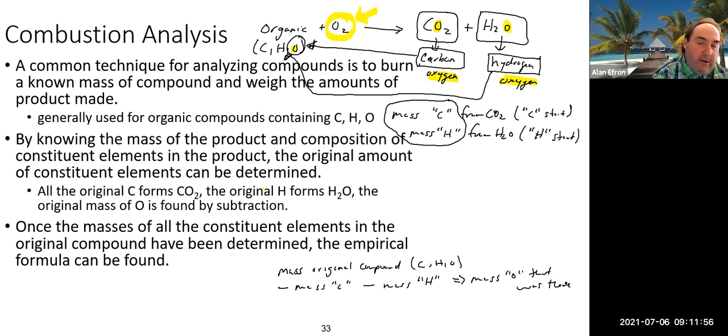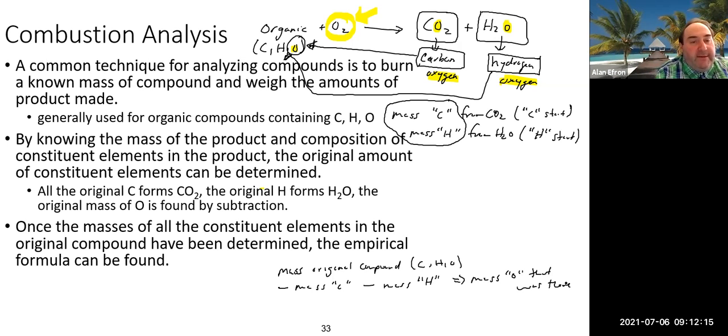So in a problem like this, there's a kind of pre-problem, if you will, and then a post-problem afterwards. The pre-problem comes first, and then you can do a regular empirical formula problem.